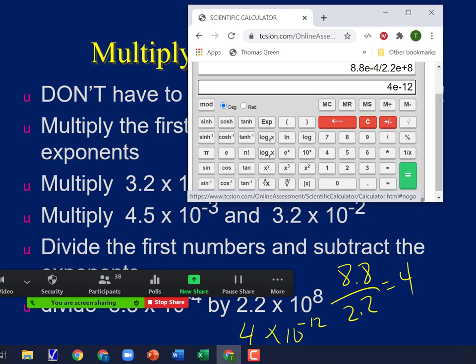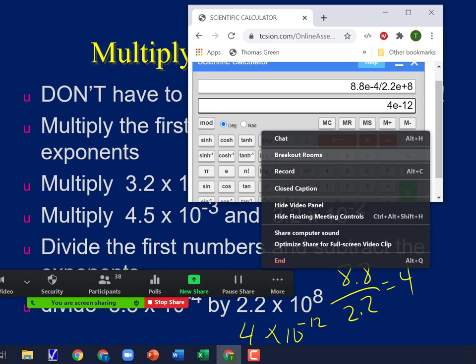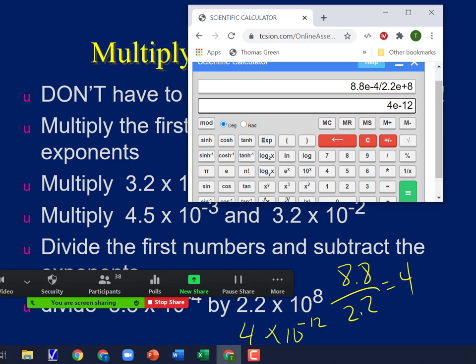So I got 4e negative 12. Just, you have to translate it from your calculator to here. So I wrote the 4, and instead of writing e, I wrote times 10 to the, and the next thing I wrote was my superscript negative 12.